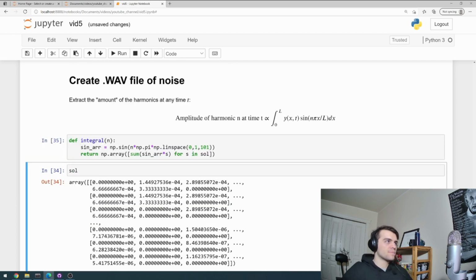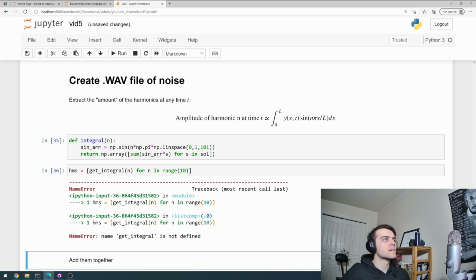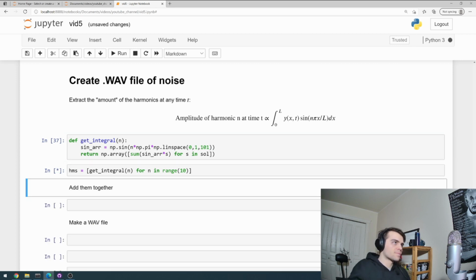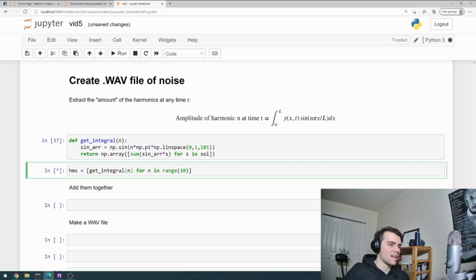So I'll define this function, and then I'm going to call this harmonics, HMS for short. I'll call this get integral. So what am I doing here? I'm using list comprehension. It's going to put in n is 0, n is 1, n is 2, n is 3. As a matter of fact, I don't need 0.